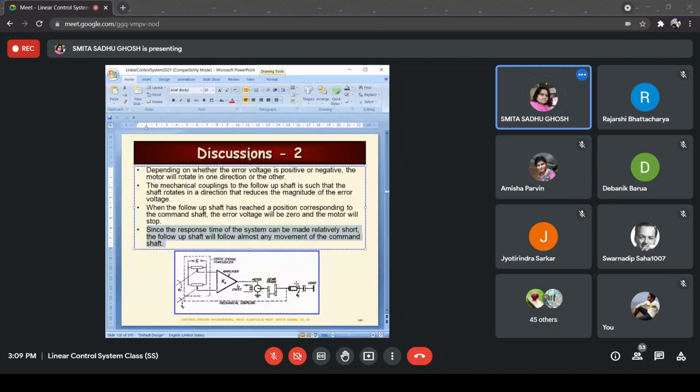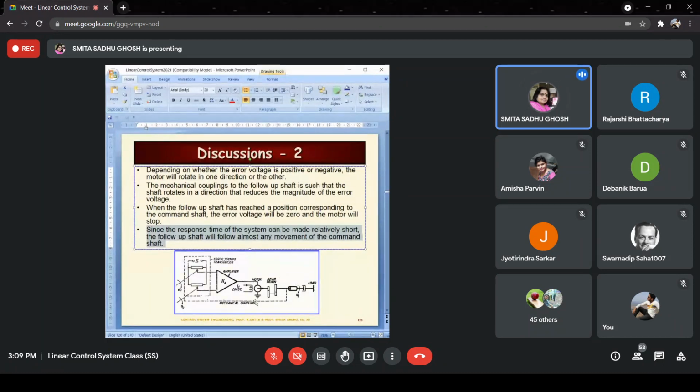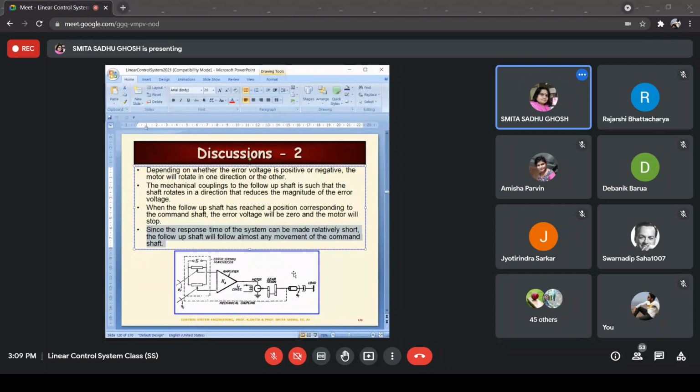Another thing is that if you are able to make the response time of this system small enough by some sort of design, then, for example, if I put say 10 degrees over here in theta r, after some overshoots and undershoots, theta c settles close to 10 degrees.